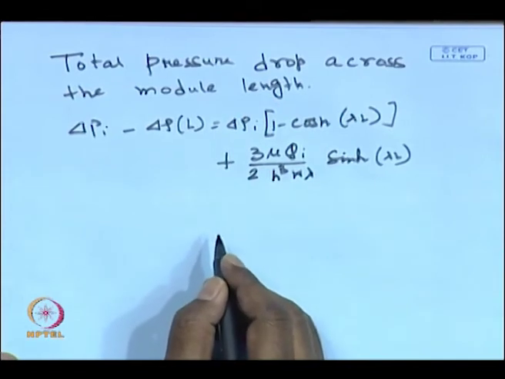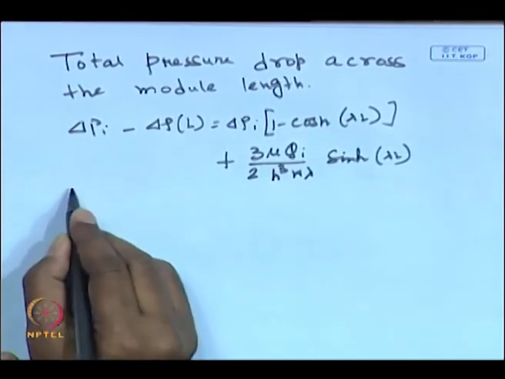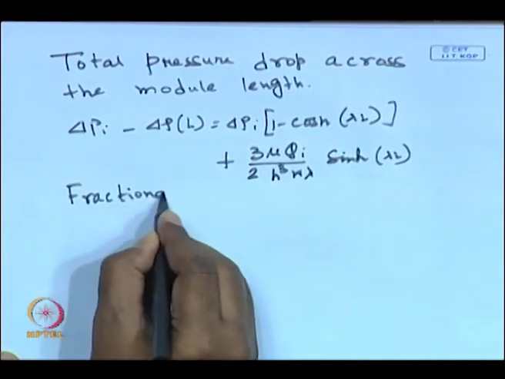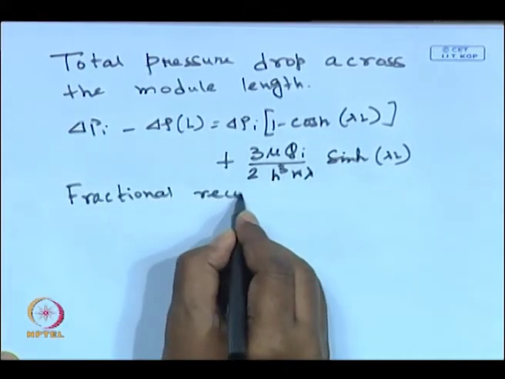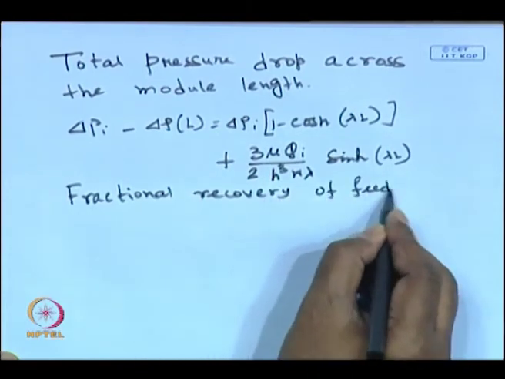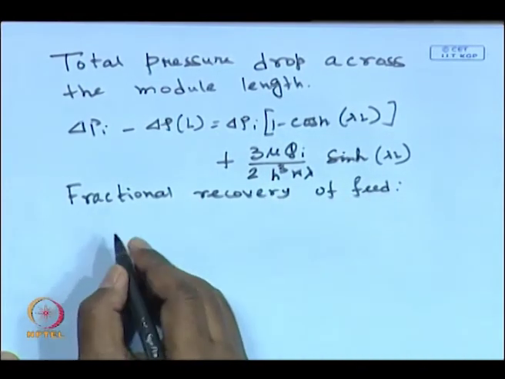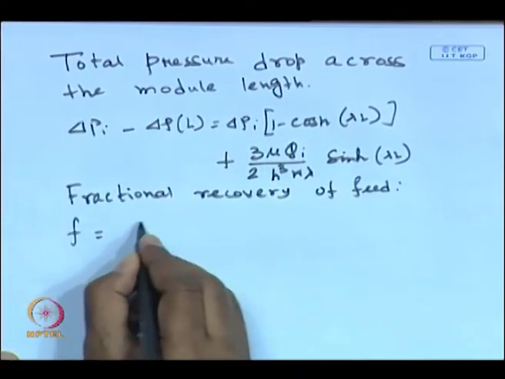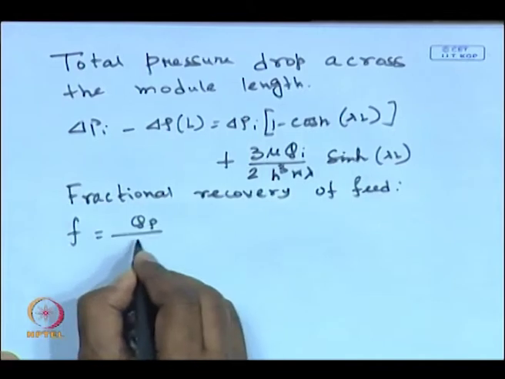Now, we can define the fractional recovery of the feed of the complete module. This is defined as Qp divided by Q in.